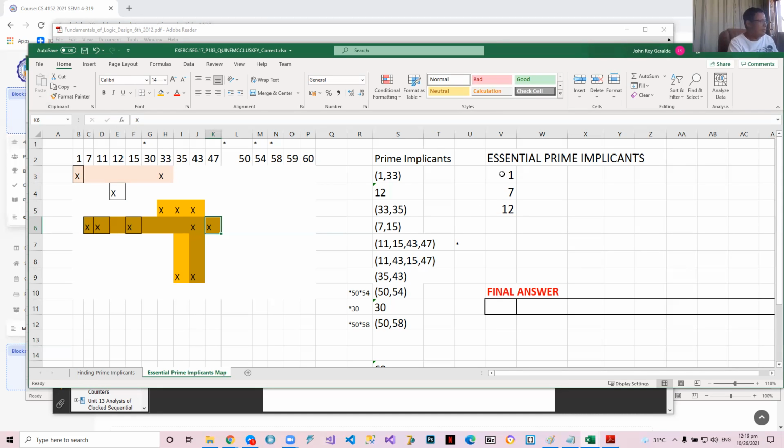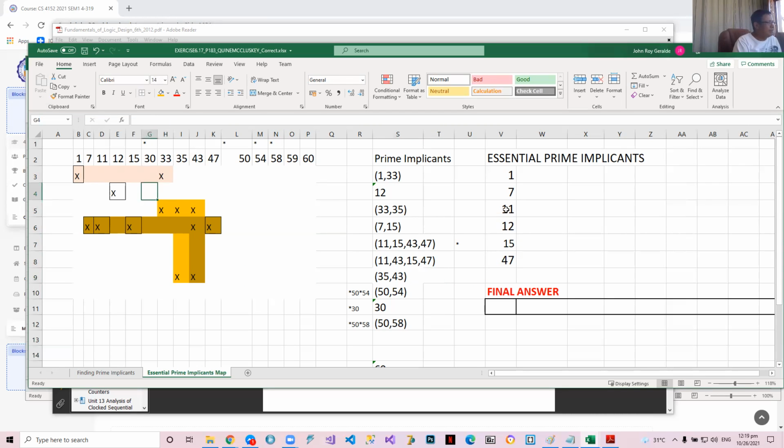We'll have 1, 7, 11, 15. Okay? 1, 7, 11, 15, and we'll have 47. You follow? Those marked with X are really essential because 12, 15, 47 are alone here.